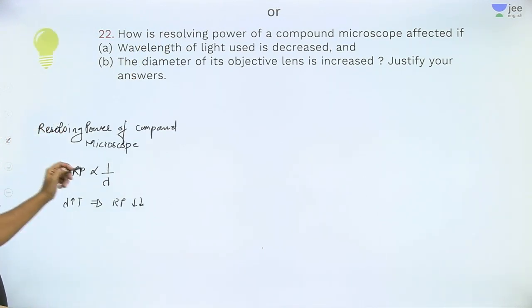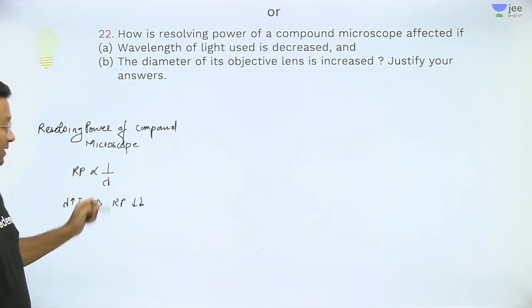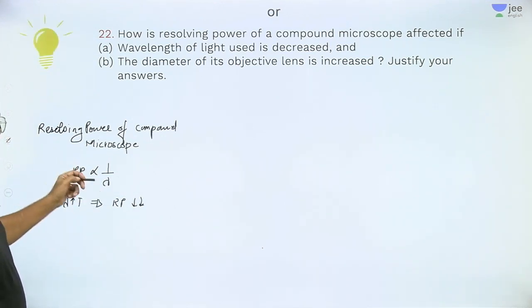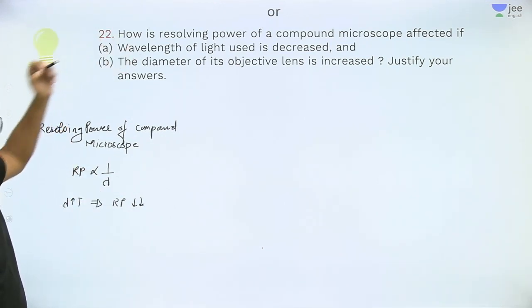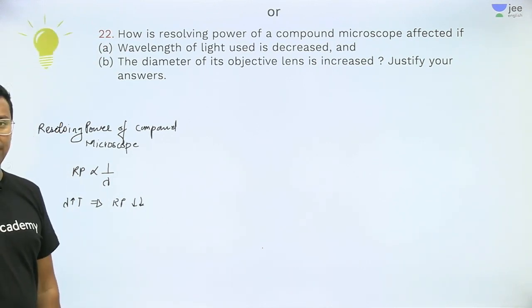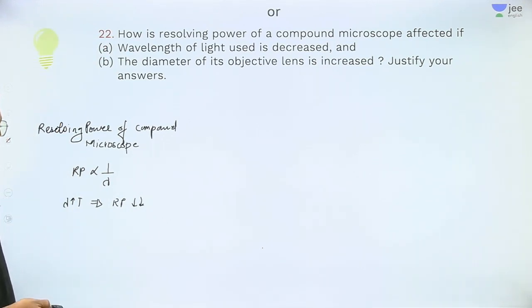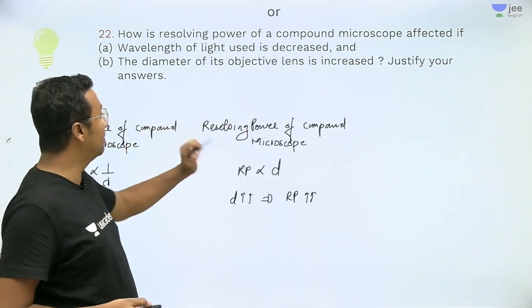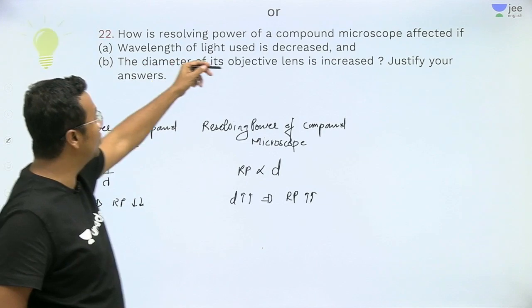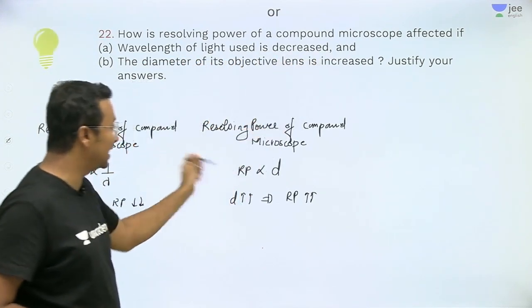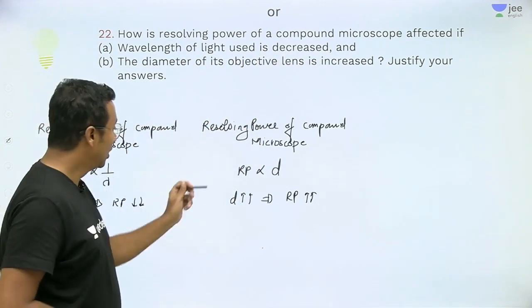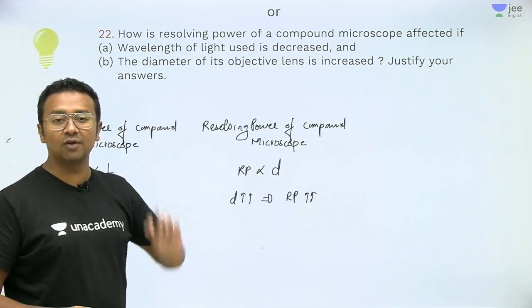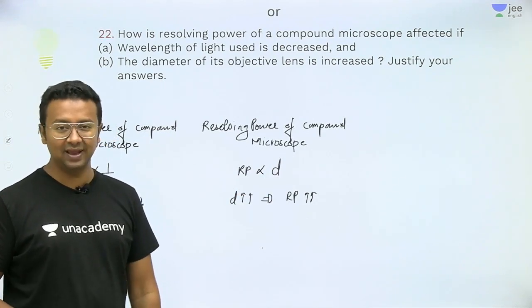See, resolving power is inversely proportional to the wavelength. So, if you decrease the wavelength, the resolving power is going to increase. Alright. Next thing, if the diameter of the objective lens is increased, the resolving power of the compound microscope is directly proportional to the diameter. You increase the diameter, the resolving power is going to increase.